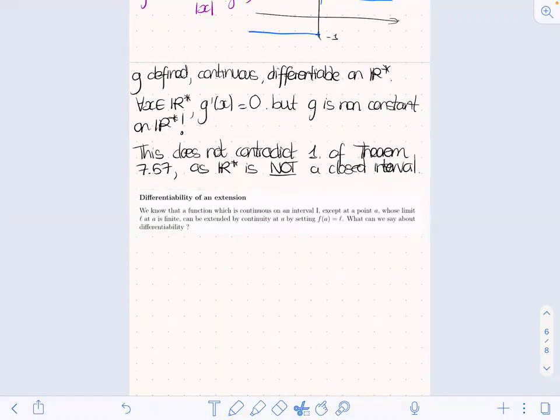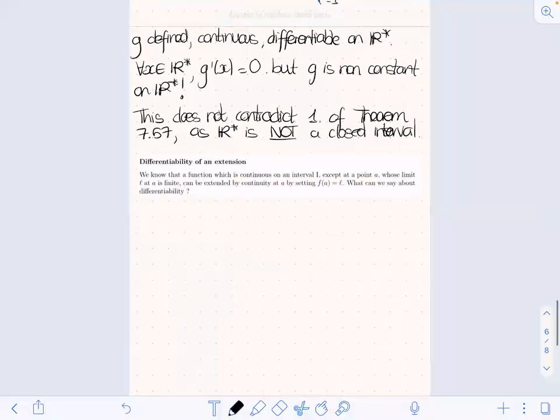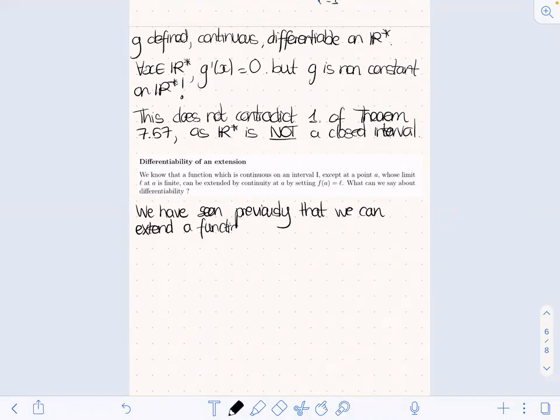So I think an example of that was possibly sine of x divided by x. So we've seen previously that we can extend a function by continuity.